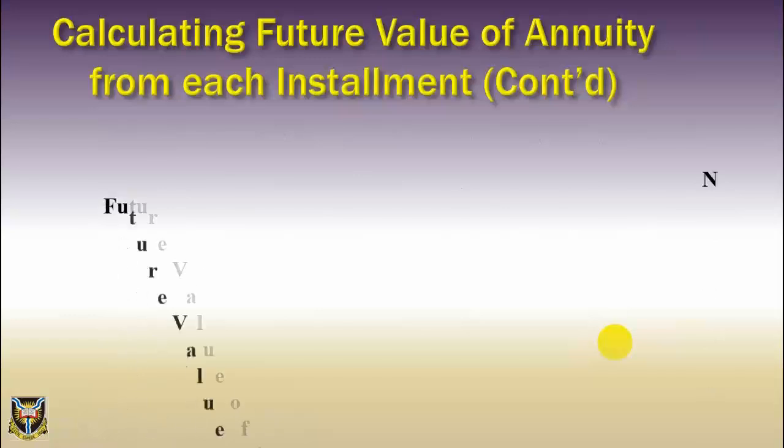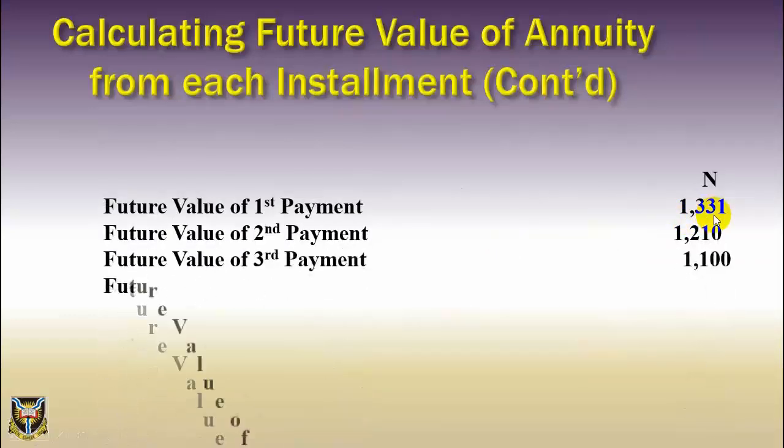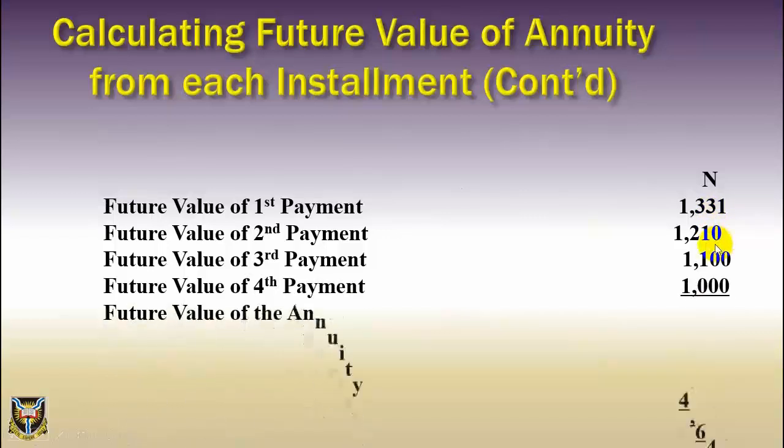In naira, future value of first payment 1,331. Future value of second payment 1,210. Future value of third payment 1,100. Future value of fourth payment 1,000. Future value of the annuity 4,641.